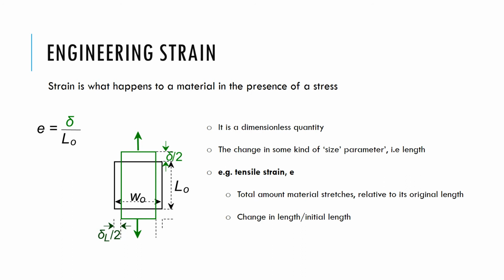So you can see in the case of an applied tensile stress, where we are pulling a material apart, we would use the term tensile strain. And it is a measure of the total amount that a material stretches relative to its original length. So it's the change in the length of the material divided by its initial length.